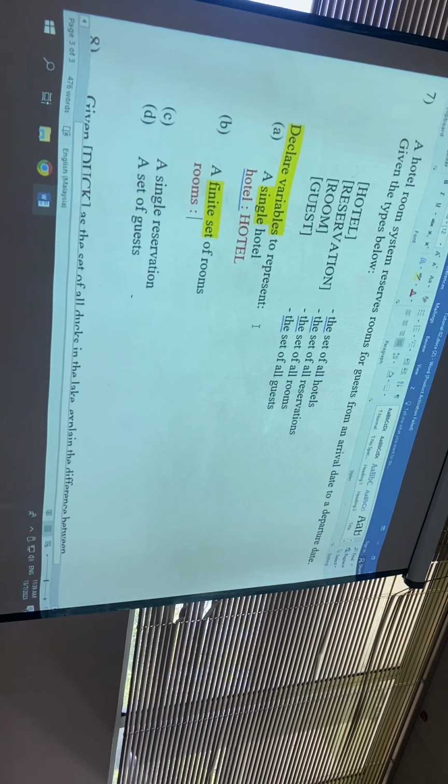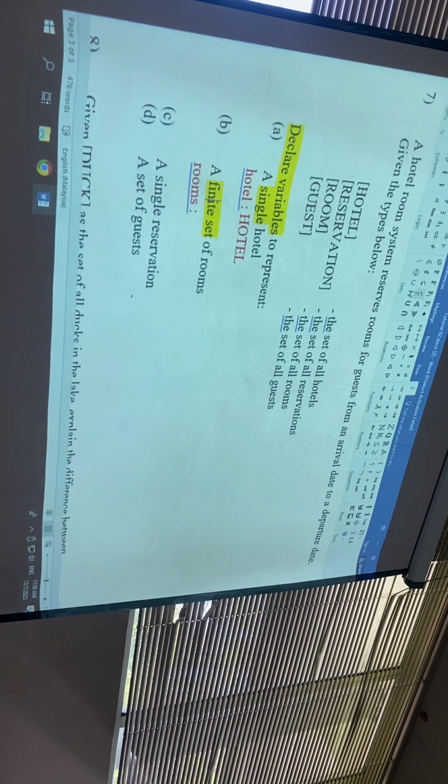Sorry? F. Okay, so finite. Finite means you go for finite set, simple F. So you put F here, then room. Because your type here is room, don't put rooms with S. No, wrong, because our type is room only.